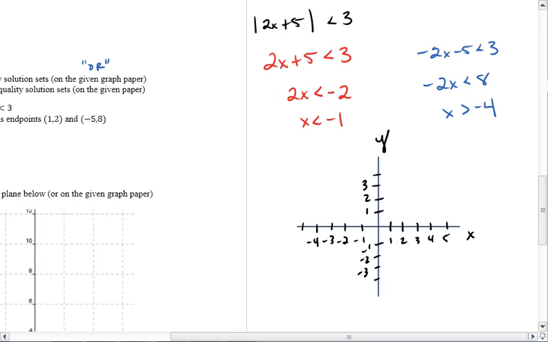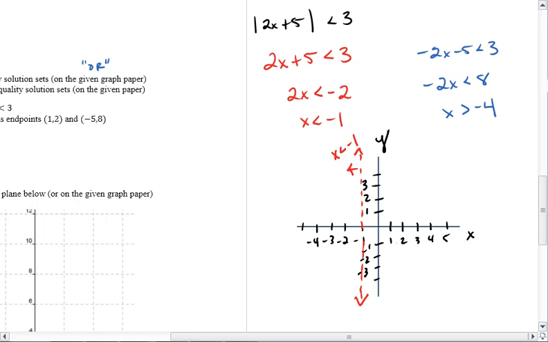For x is less than negative 1, since this is strictly less than, we get a dotted line at x equals negative 1, and because it's less than, we know we're going to be shading everything to the left.